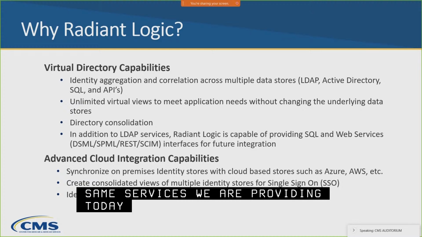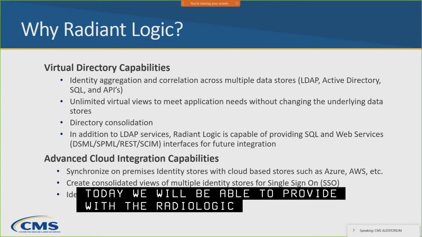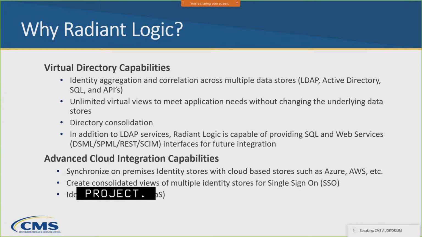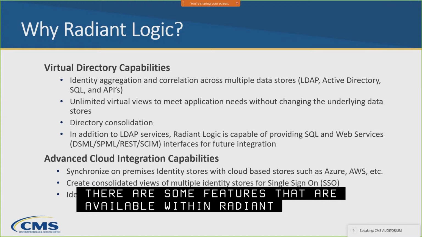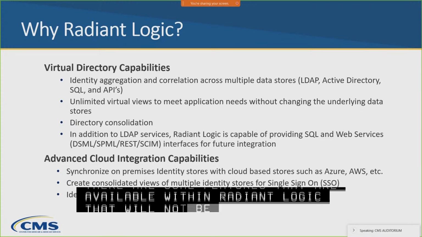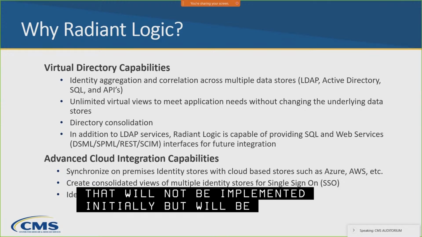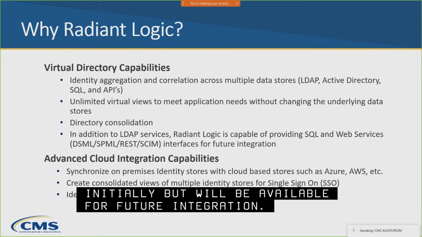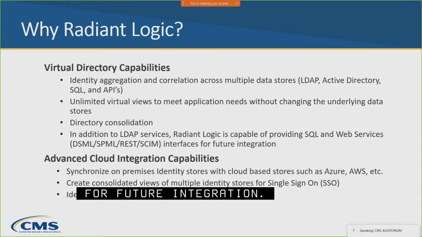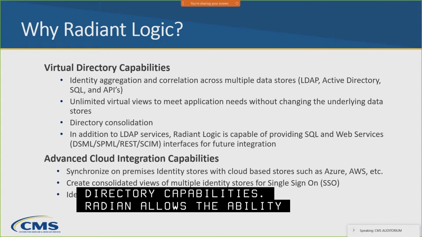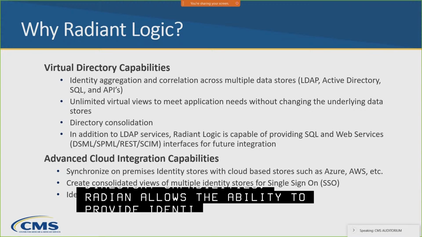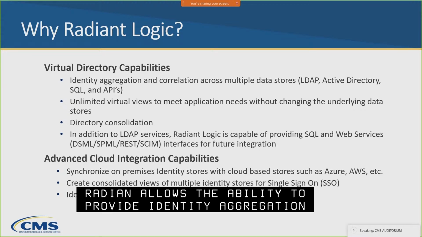Therefore, there are some of the new enhanced features available within Radiant Logic that will not be implemented initially, but will be available for future integration. One of those areas is virtual directory capabilities. Radiant allows the ability to provide identity aggregation and correlation across multiple data stores: LDAP, Active Directory, SQL, and APIs.